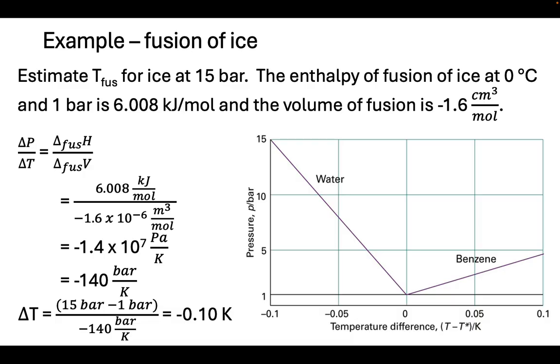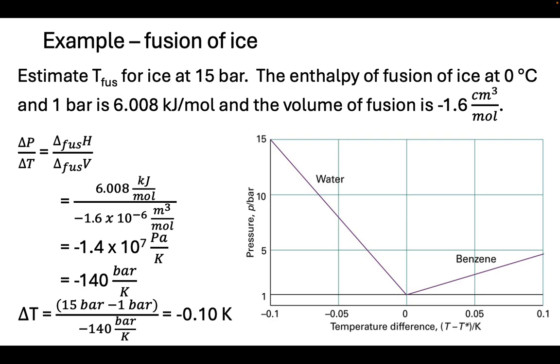And the volume of fusion, the difference between the molar volumes of water and ice, the inverse of the densities, is negative 1.6 centimeters cubed per mole, because the ice is less dense than the water.